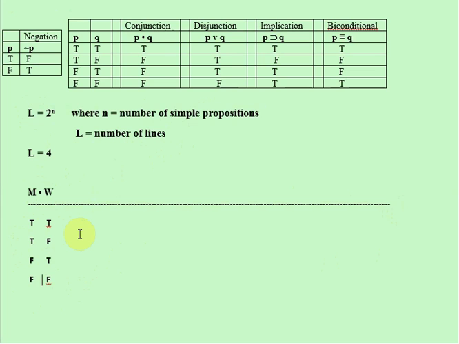Okay, so now what? This is where we use the truth functions above. We have M and W, and on the first row, we have TT, right? Well, this is where we do our computation, basically. So we know that we're going to use the conjunction table because this is a conjunction, right?